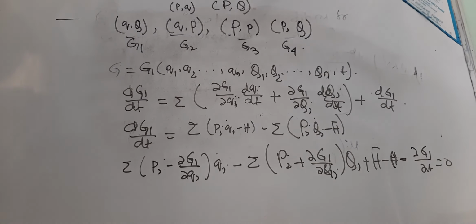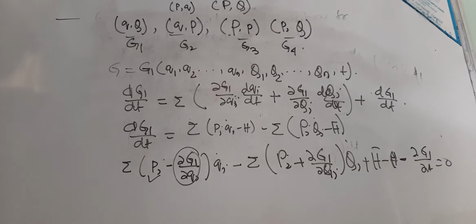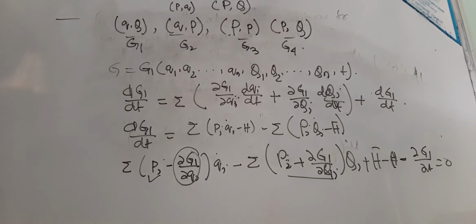It means we can write the small pi equal to this, and the capital Pi equal to this one.